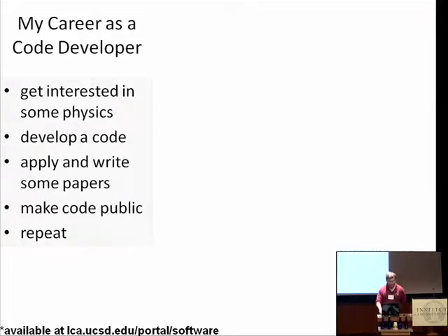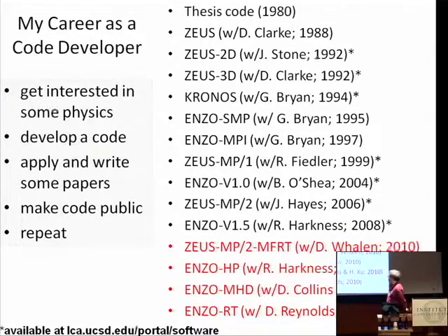And this algorithm has yielded this list of codes, which are various incarnations of ZEUS and ENZO over the years. Jim nicely summarized the early evolution of the ZEUS code. We started working on numerical cosmology in the early 90s, and the first code produced was a uniform grid code called Chronos, developed by Greg Bryan as his first thesis project.